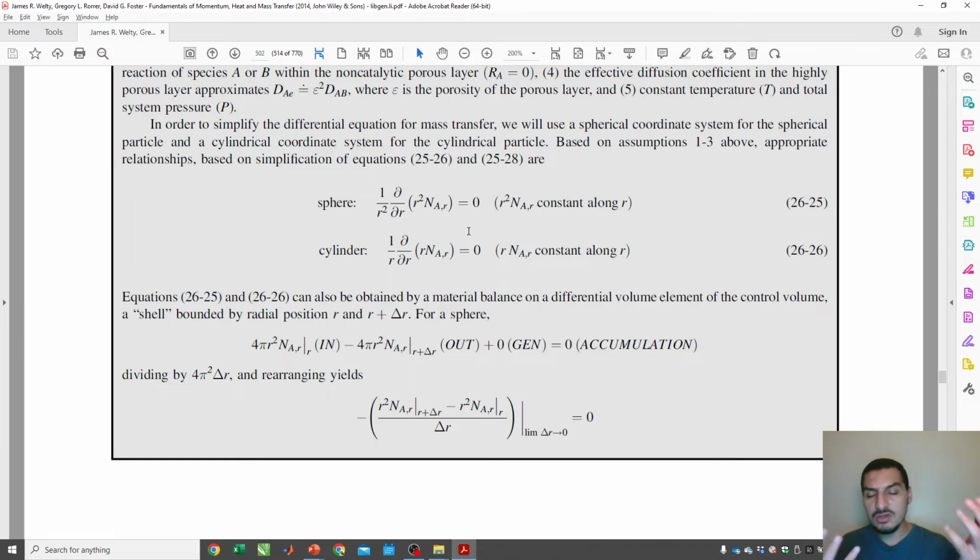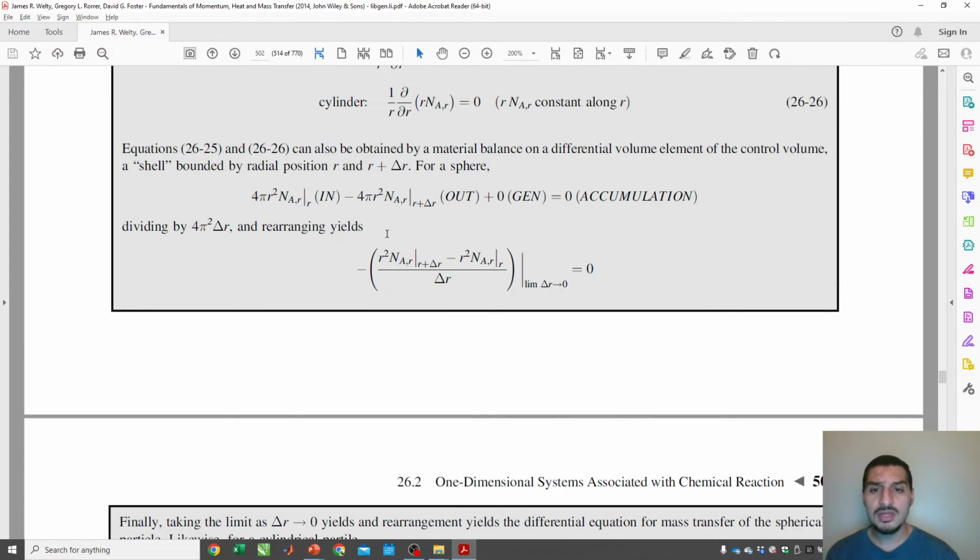The area in case of a cylinder is 2 pi RL. So 2 pi and L are constant, so R multiplied by the flux is constant. So this is what we get from the continuity equation without going into these details. But in this case, he did the balance equation. He said that the area multiplied by the flux in minus the area multiplied by the flux out.